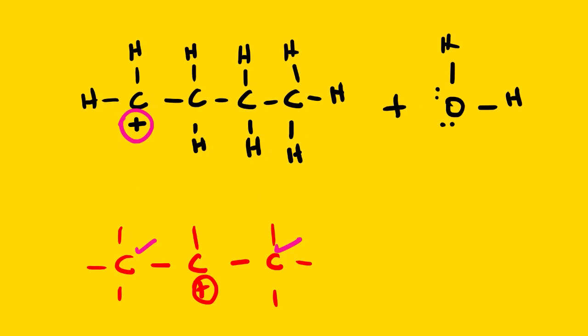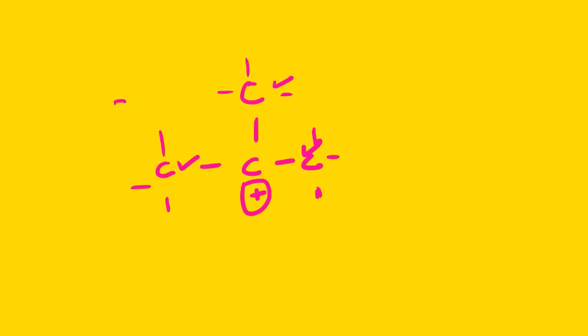Now when it comes to stability, this is the primary, secondary, and tertiary. When it comes to stability, you should know that the tertiary carbocation ion is more stable compared to the secondary carbocation ion, and the secondary carbocation is more stable than the primary carbocation.